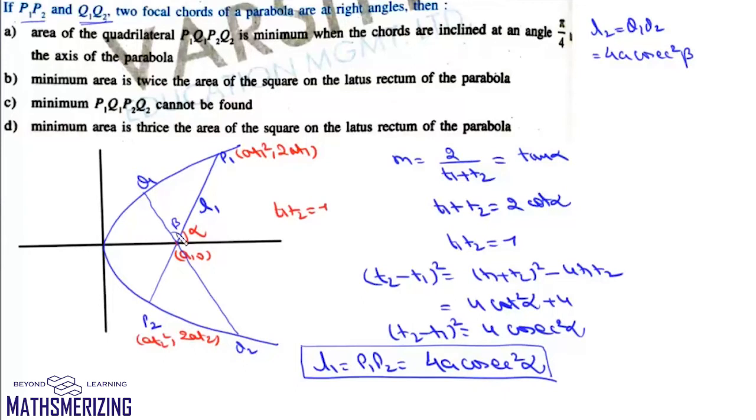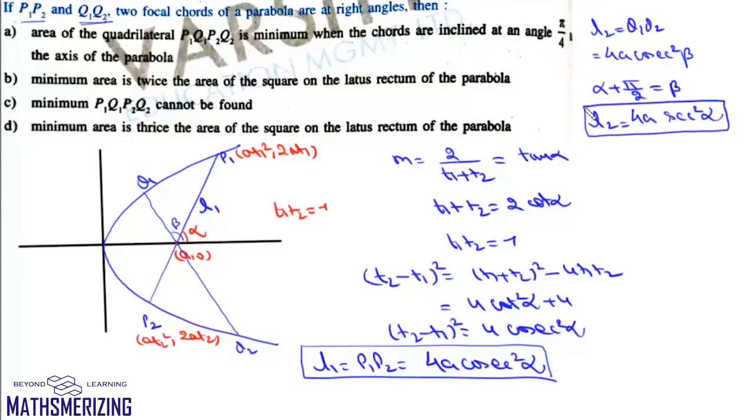We know that alpha plus pi by 2 is equal to beta. So we can write beta as pi by 2 plus alpha. So we can write L2 as 4a cosec square (pi by 2 plus alpha), which is 4a secant square alpha. So that's your length L2 of the focal chord.